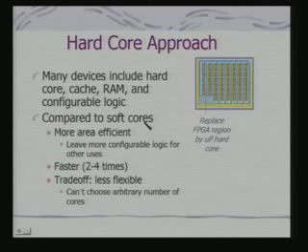Compared to soft cores, it can be more area efficient because you are designing the processor once in the most efficient fashion, and leave more configurable logic for other uses, because in the other case the processor itself is consuming the configurable logic block. It can be faster because you can have an optimized implementation of the hardcore CPU, but the trade-off is obviously that it is less flexible, you can't choose an arbitrary number of cores.